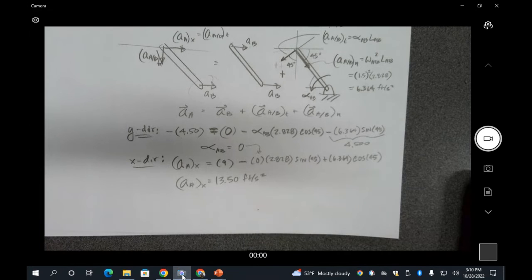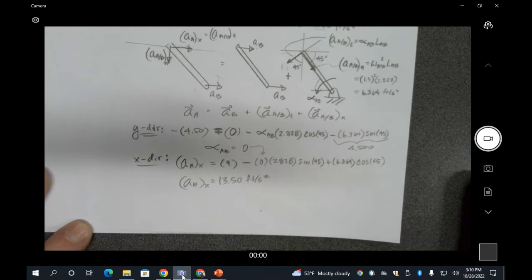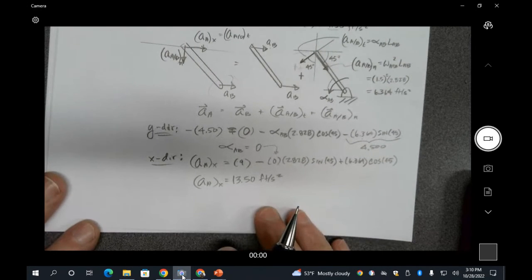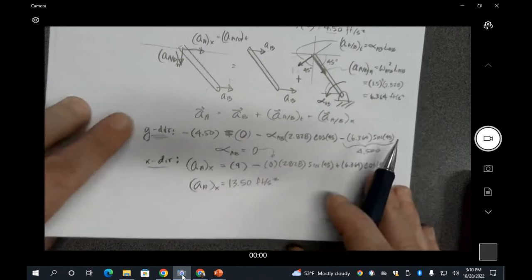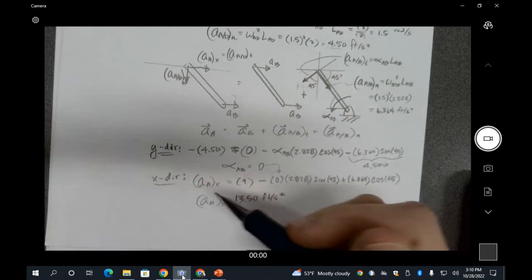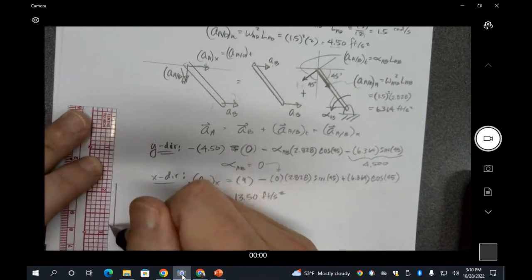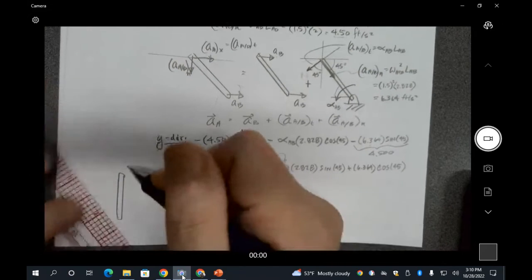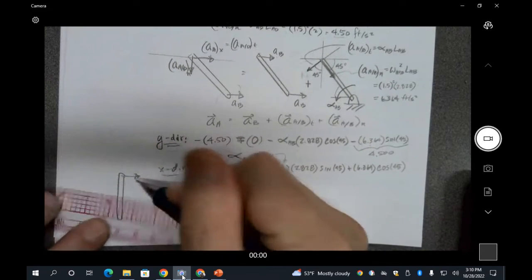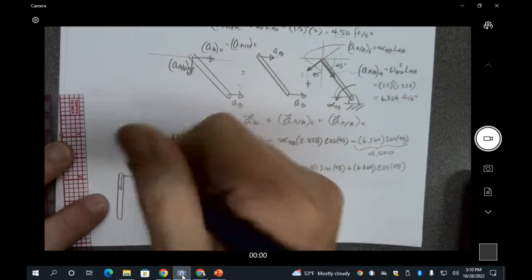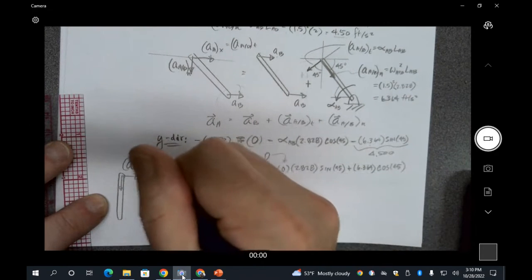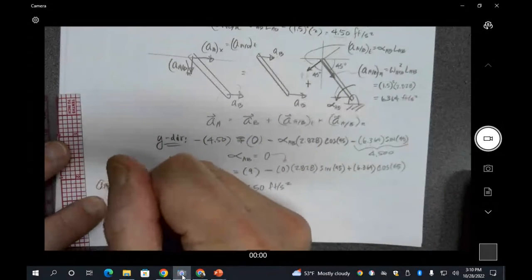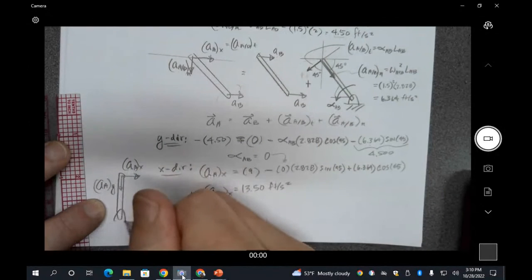So they didn't ask us this, but that could have been the question, was what is the angular acceleration of link AD, and we can find that from up above where we drew the thing out. Now we know the acceleration in that direction, and we have the acceleration in this direction, so that's going to be acceleration of A in the x direction, acceleration of A in the y direction.